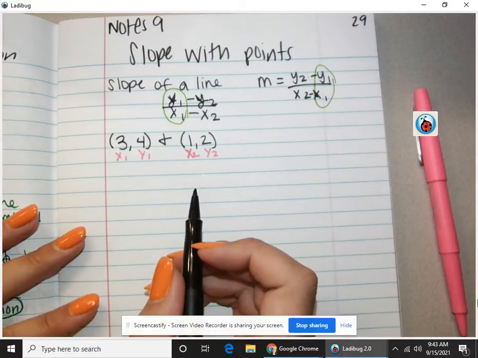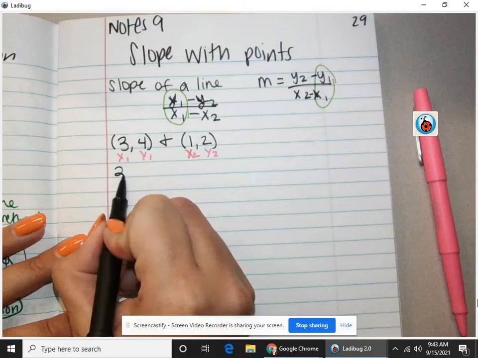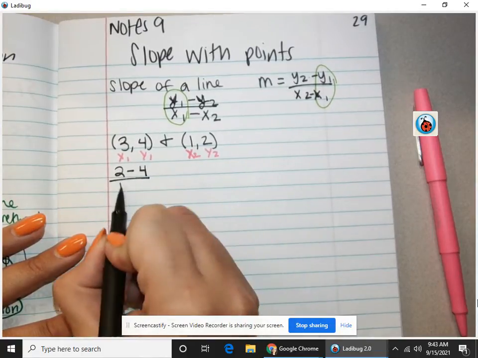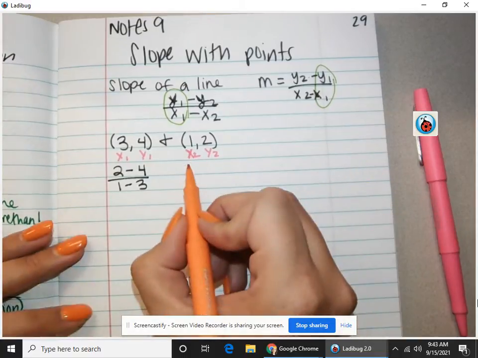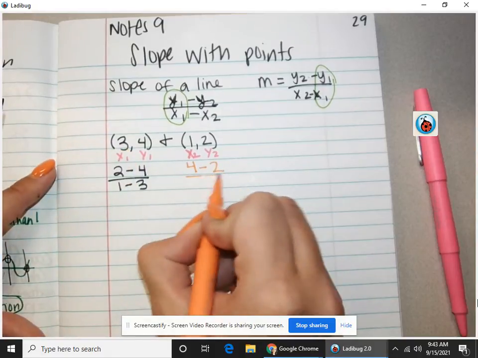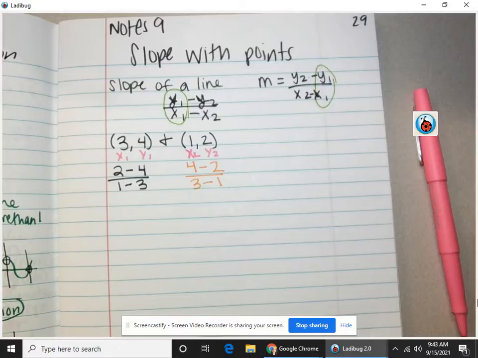Okay, so I've got y2, 2 minus 4 over 1 minus 3. I could also have y1 minus y2 over x1 minus x2.